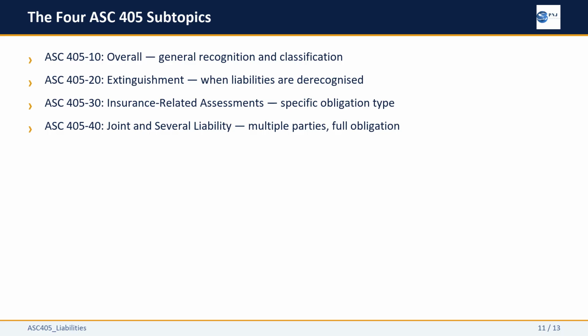ASC 405-20 deals with extinguishment, the rules for when a liability is removed from the balance sheet. ASC 405-30 covers a narrow category of insurance-related assessments, and ASC 405-40 handles joint and several liability arrangements, where multiple parties can each be held responsible for the full amount.